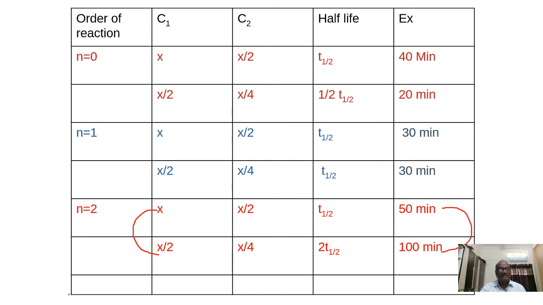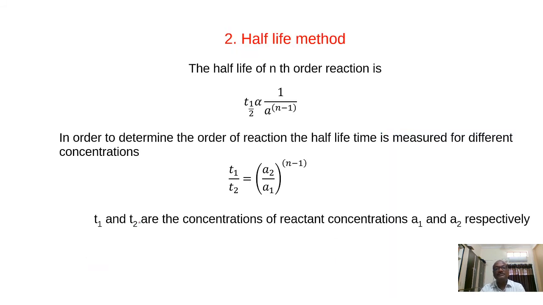That is about the second order reaction. Just by observing this data we can sometimes solve the problem. Otherwise, use this equation: substitute the half-lives of different concentrations of the same reaction so that you can calculate the value of n. So this is what we call the half-life method.